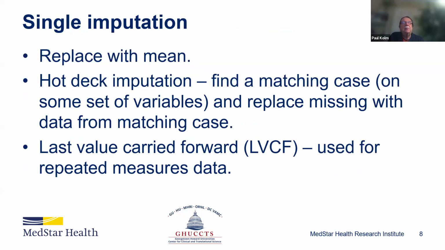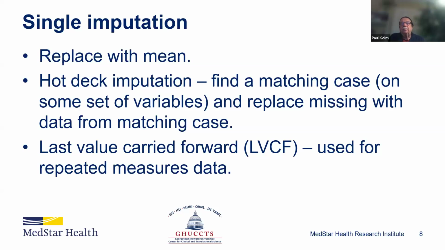So one common way that's been used in the past is to replace the missing data with the mean of the current data, the data that's not missing. Another single imputation method is what we call hot deck imputation. Essentially, you find a matching case on some set of variables and replace the missing value with the data from the matching case.